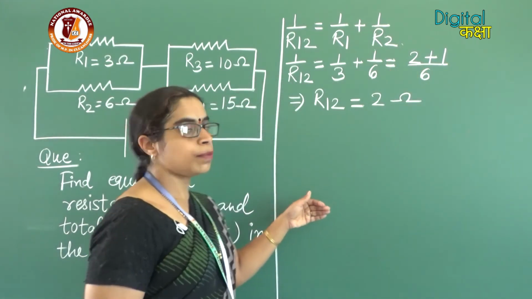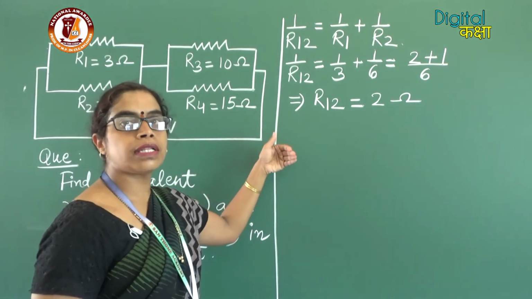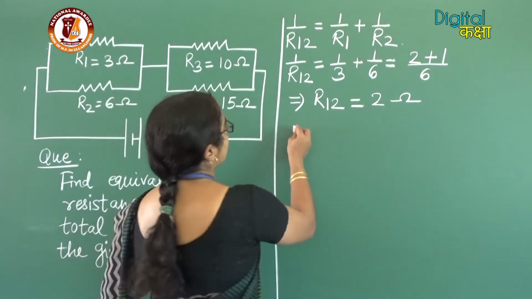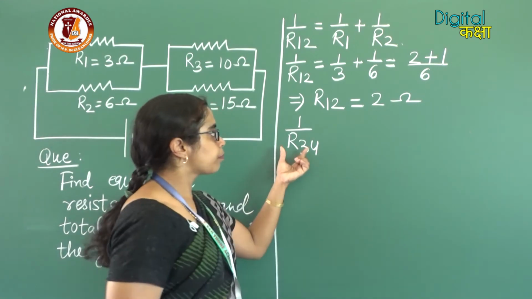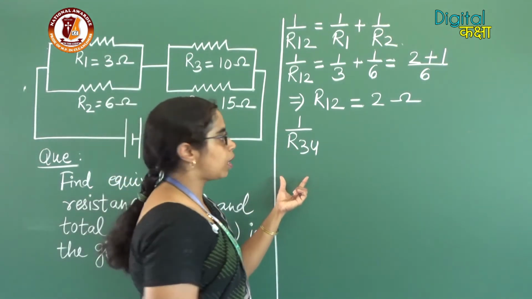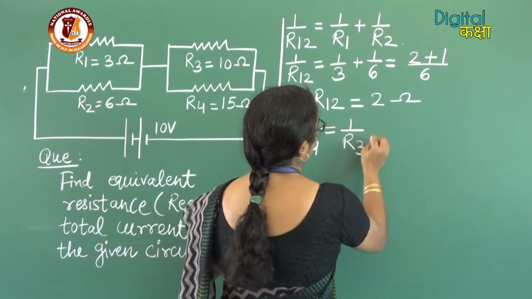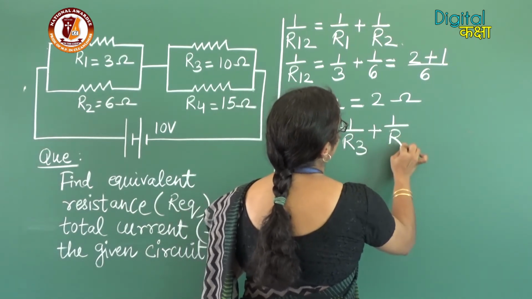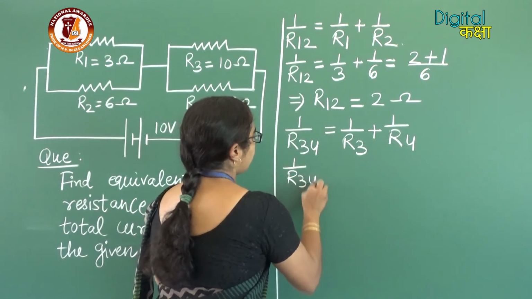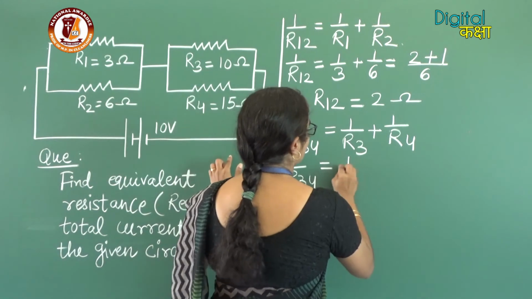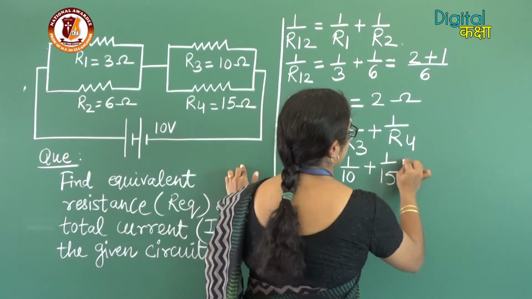Similarly, R3 and R4 are also connected in the parallel combination. Let us find out their equivalent resistance, which will be given by the formula 1 upon R34 is equal to 1 upon R3 plus 1 upon R4. So 1 upon R34 will be equal to 1 upon 10 plus 1 upon 15.